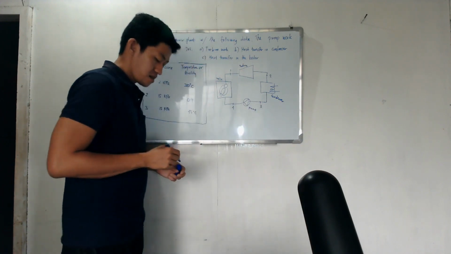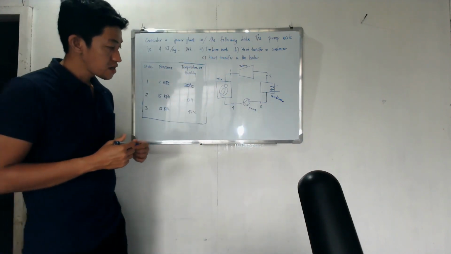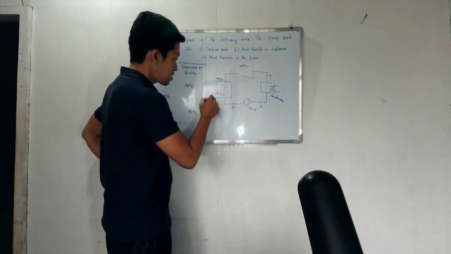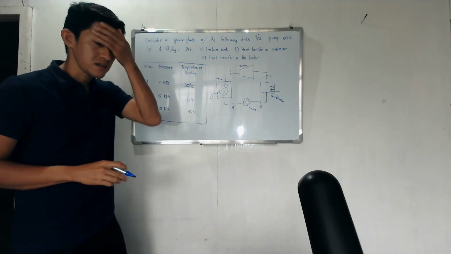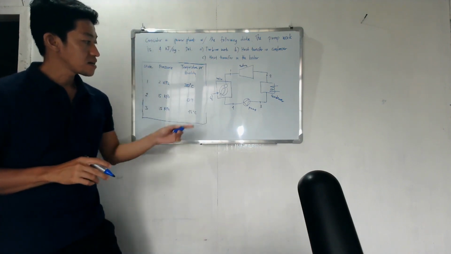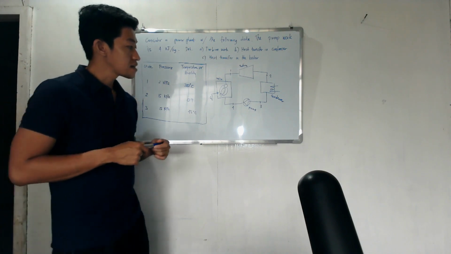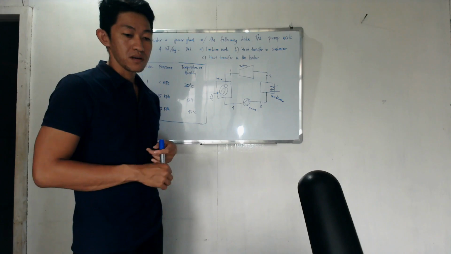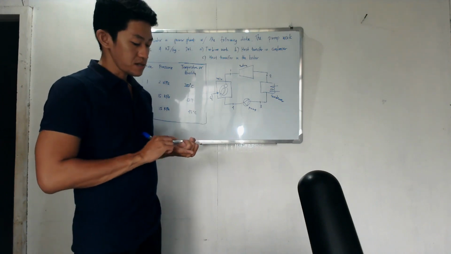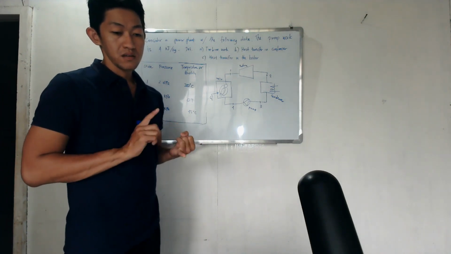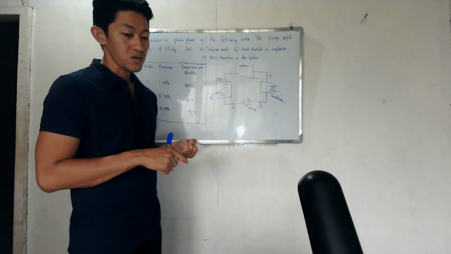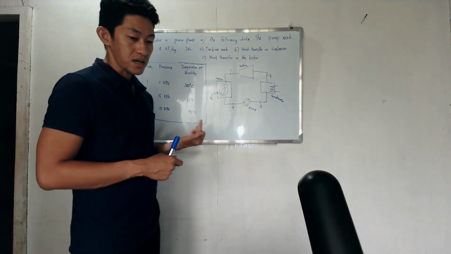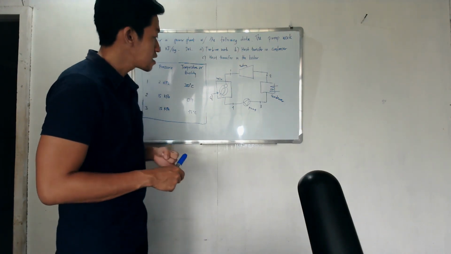In the boiler, you supply a source of energy in the form of heat. How do you do that? You have many types of mechanisms, like using coal or using other sources of energy.